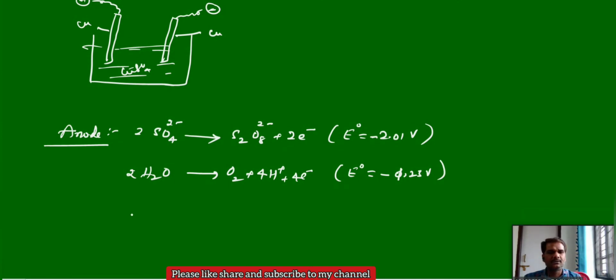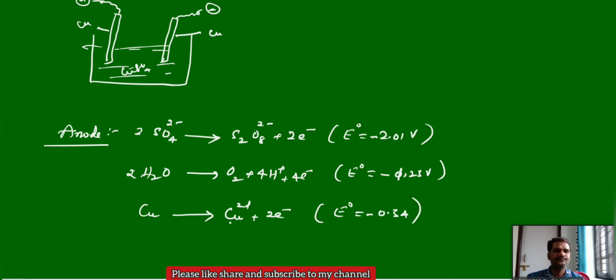But one more possibility is there: at the anode, oxidation of copper can also take place. Why? Because this copper electrode is an active electrode, it can undergo some chemical reaction. If it undergoes oxidation, what happens? The oxidation potential of copper is minus 0.34. These kinds of chemical reactions can take place at the anode.